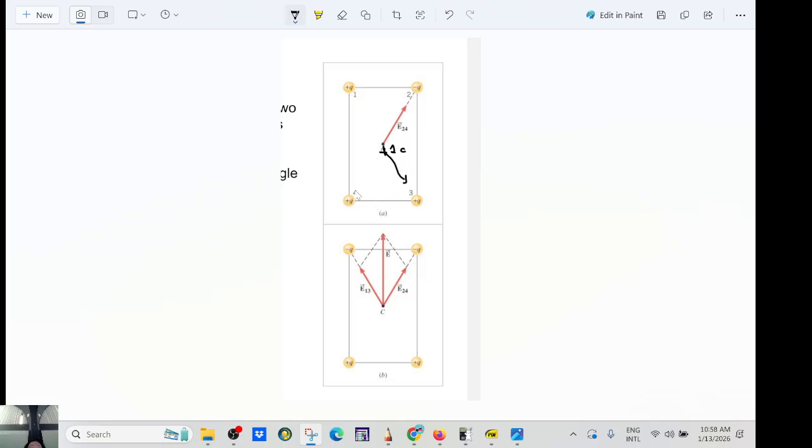And then from that one, it's going to be what? Positive and positive repel, so that's going to go this way. And then from that one, repel. So you see this one and that one, they're going to cancel each other out, right?